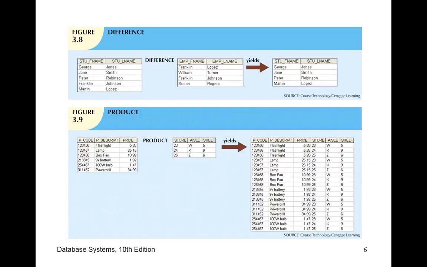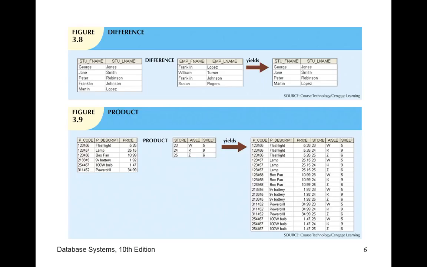All right, difference. So difference runs from one table to another. And what we are doing is we always look at the first table as the table that we want to base the results on, and then the second table is what we'll do the comparison to.